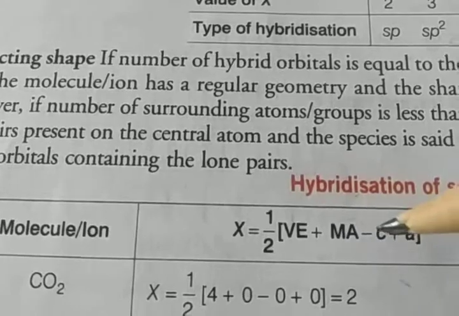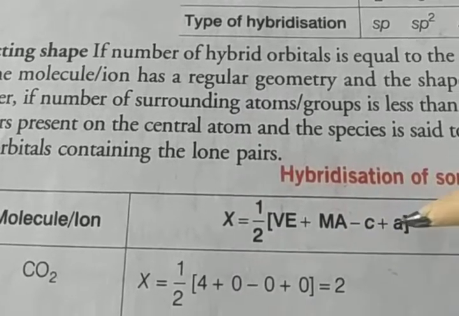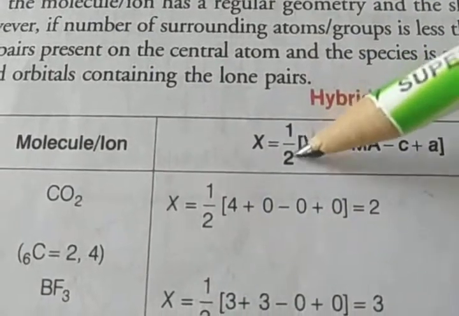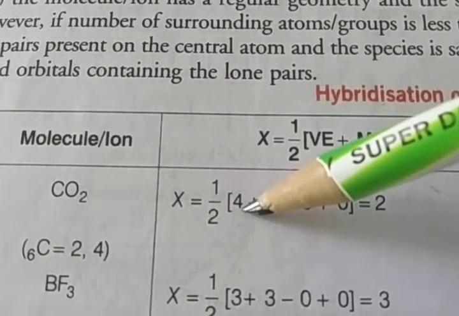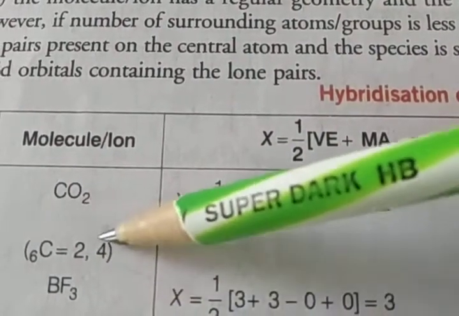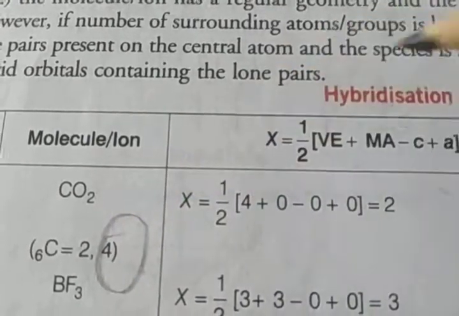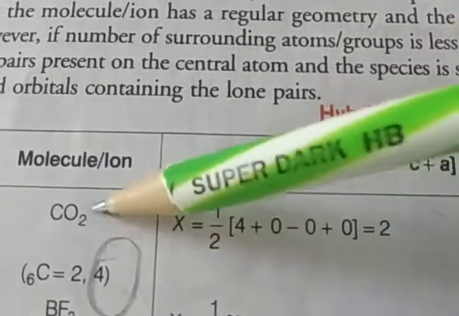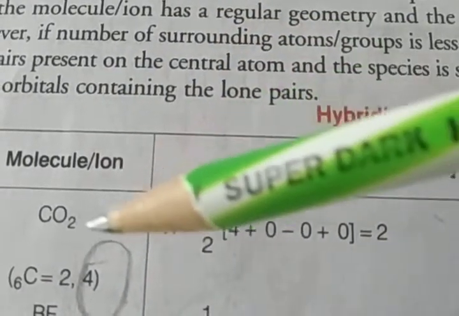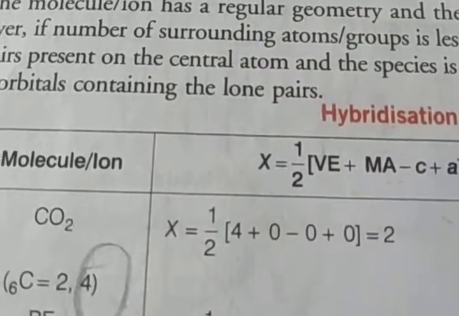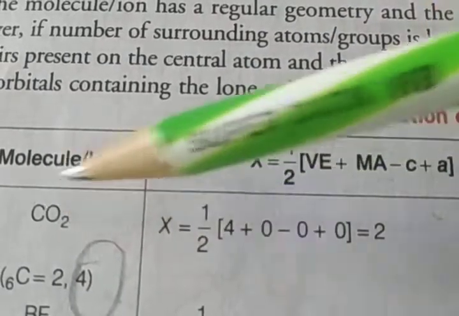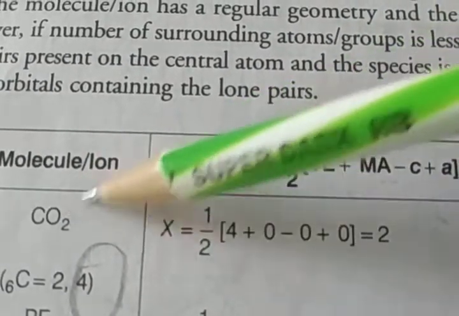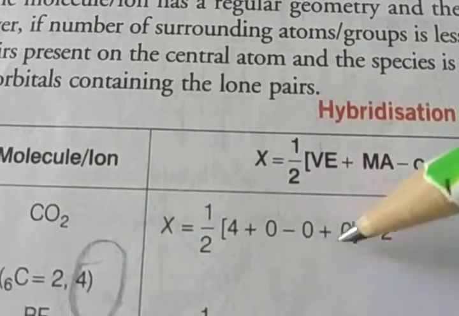C is the charge on the cation, A is the charge on the anion. Like CO2: carbon has 4 outermost electrons. No monovalent atoms attached, so 0; charge on cation 0, charge on anion 0.